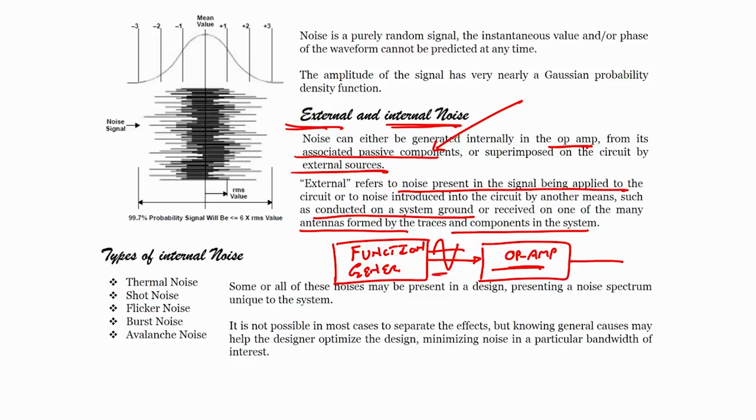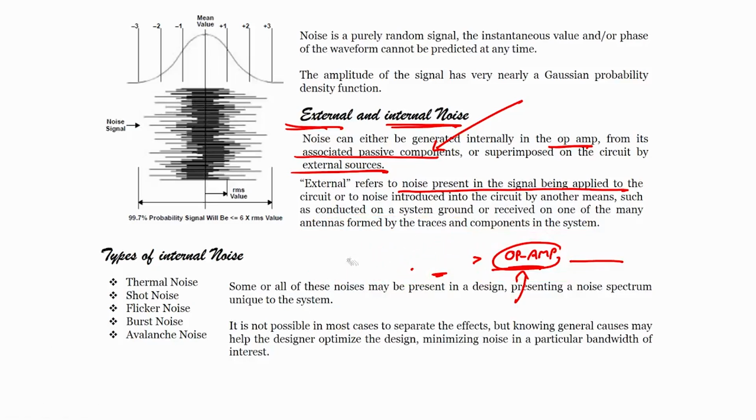Then this signal generated from this external source may introduce noise in this circuit. The op amp itself may have noise generated by the associated passive components, but there is a possibility of external noise that comes out of the function generator and is introduced to the op amp. All right. So, that is something that we need to take care of and understand.